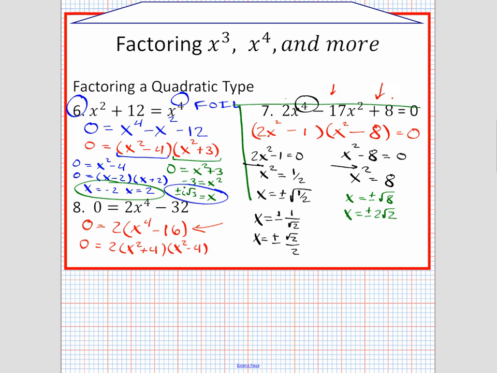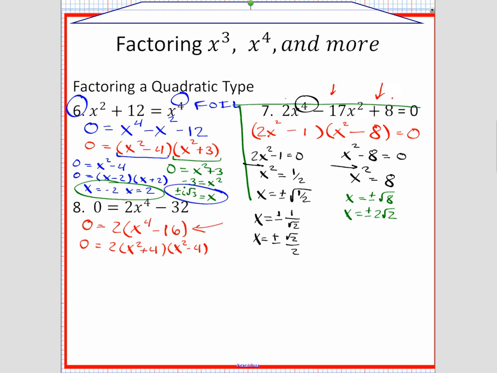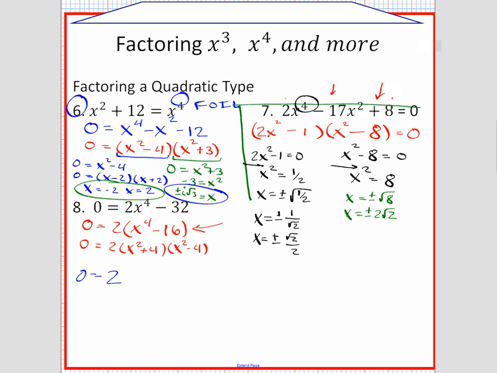Now, x squared minus 4 is going to factor really nicely. X squared minus 4 is something we factor all the time. X squared plus 4 doesn't factor over the real numbers at all.